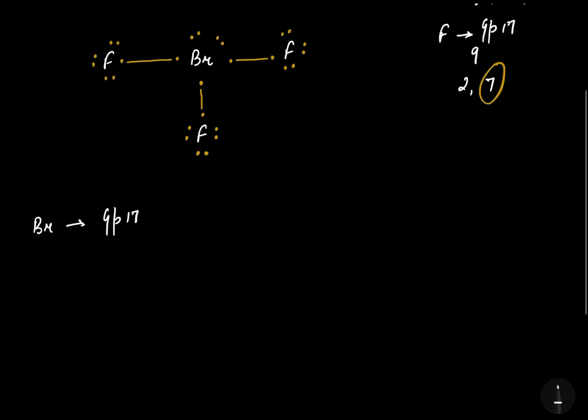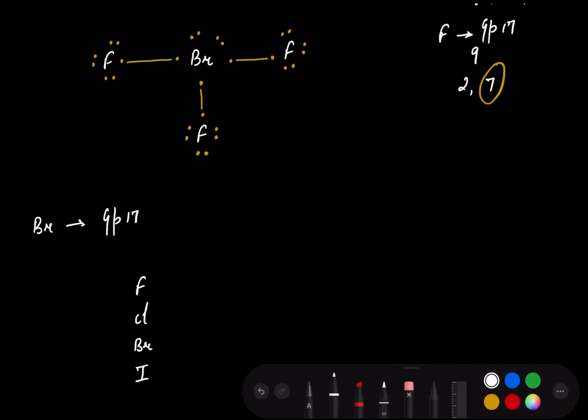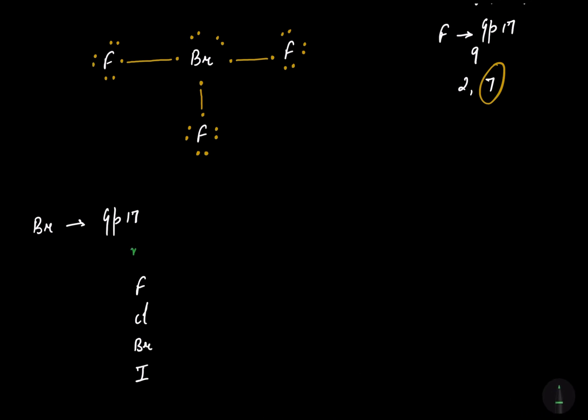What's the group number 17? That's fluorine, chlorine, bromine, iodine. The group number 17 has a general electronic configuration of ns2 np5, where n is the period number.